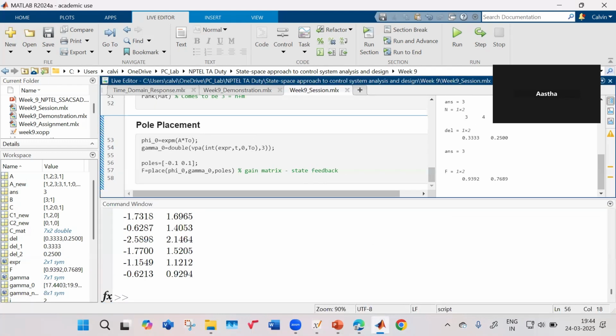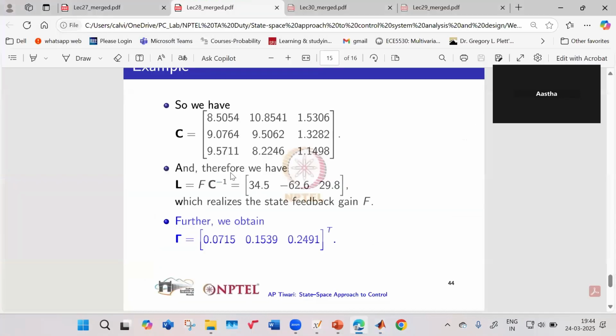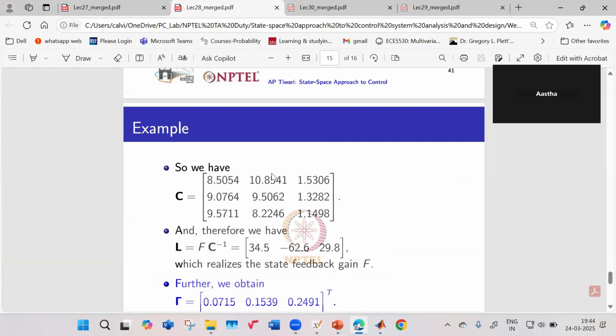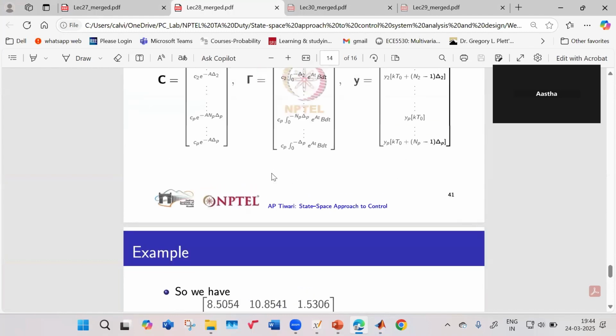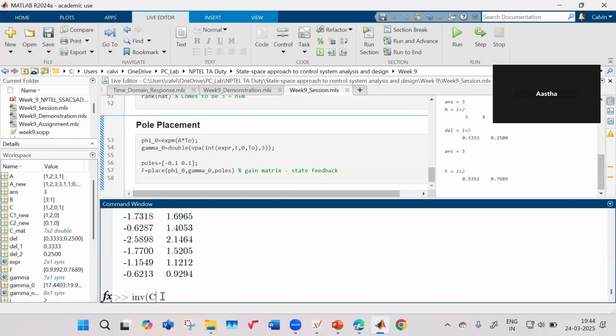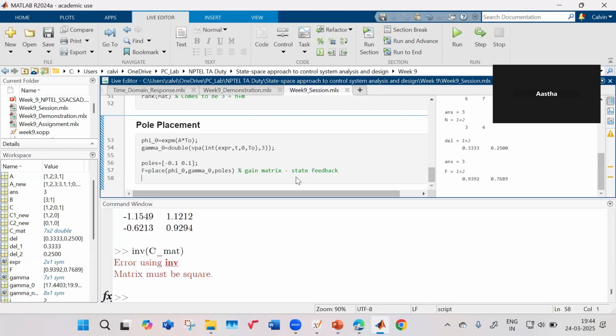So it is 7 by 7. So our L is F into C inverse. How do we get C inverse? Just try. Just matrix inverse.